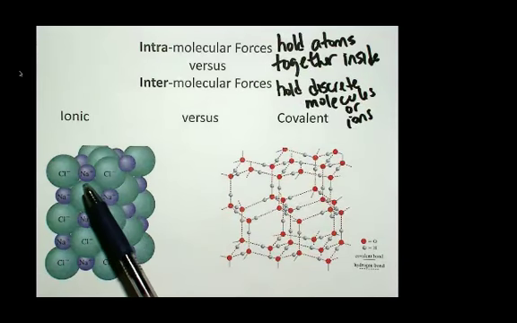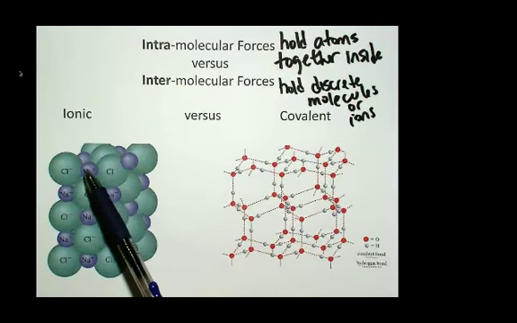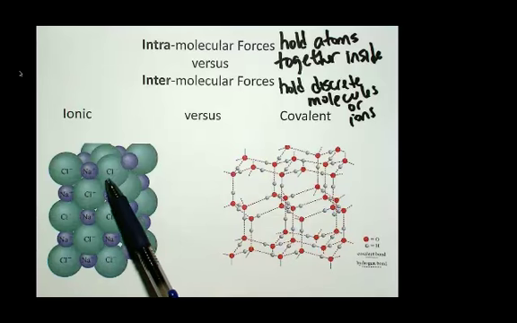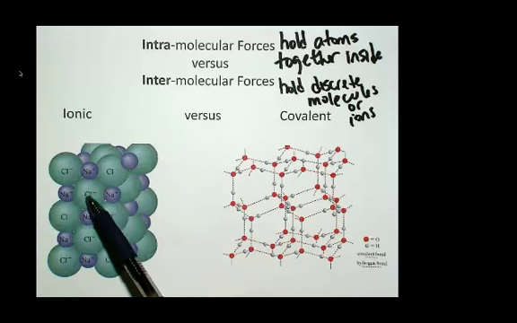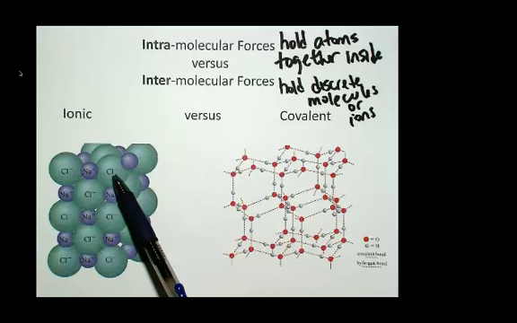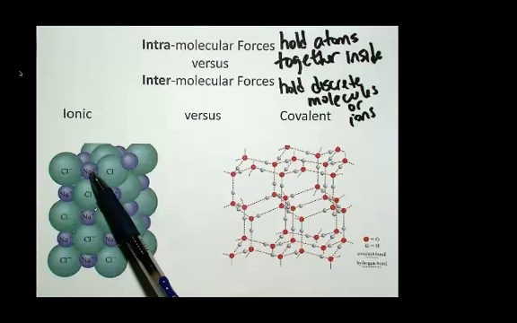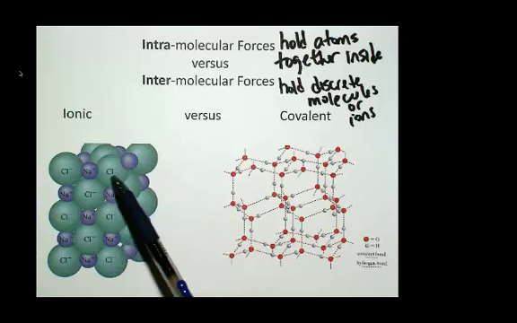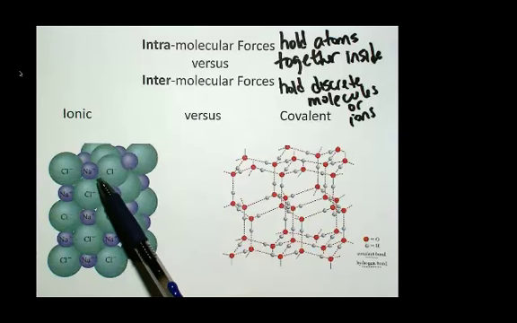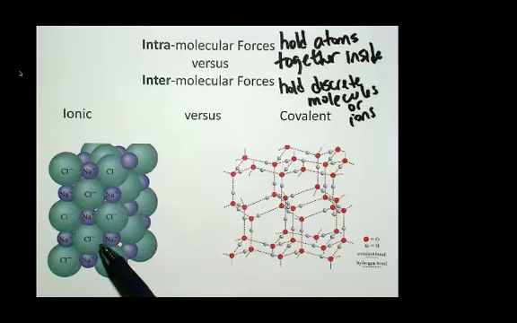Now, as it turns out, we call the attractive force between ions in an ionic compound ionic bonds. But what we're going to come to realize is that the sodium and the chloride ions are discrete. If you melt this, or dissolve this in something, or put it into a gas phase, you're going to end up with discrete sodium cations and chloride anions anytime you separate the crystalline structure.